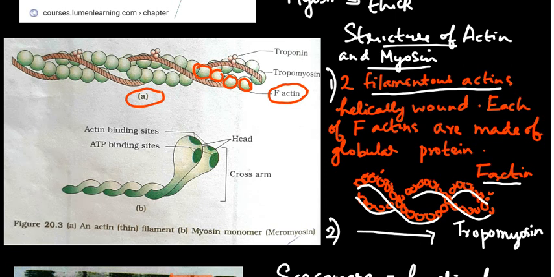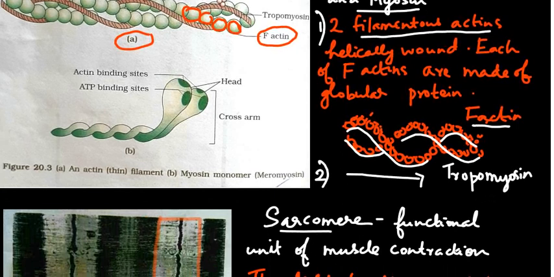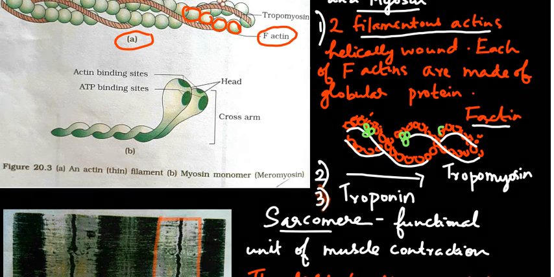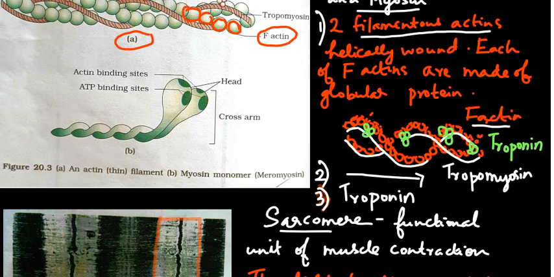And there's a third one. The third one is called troponin, and they are found in regular intervals on the tropomyosin. So these are troponins. So that is about the actin filament, and troponin actually masks the area.